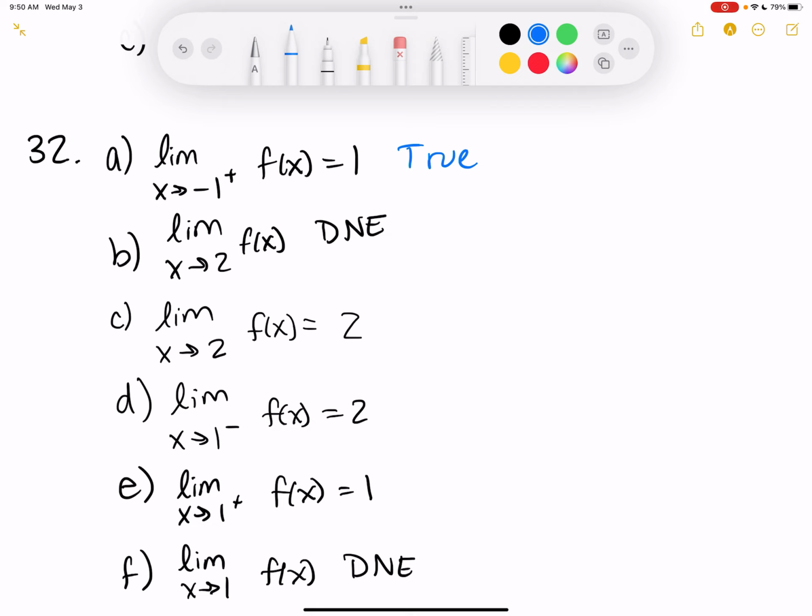Wait, I'm looking at the wrong graph. I was looking at the wrong graph too. Oh my goodness. Now I have to process this different graph. Okay, Peyton says false.